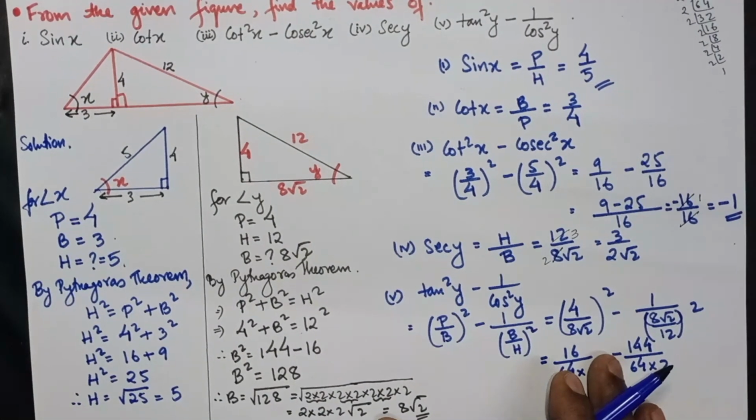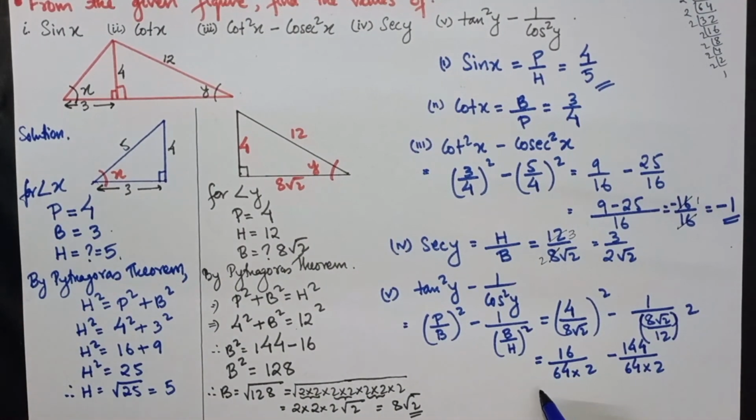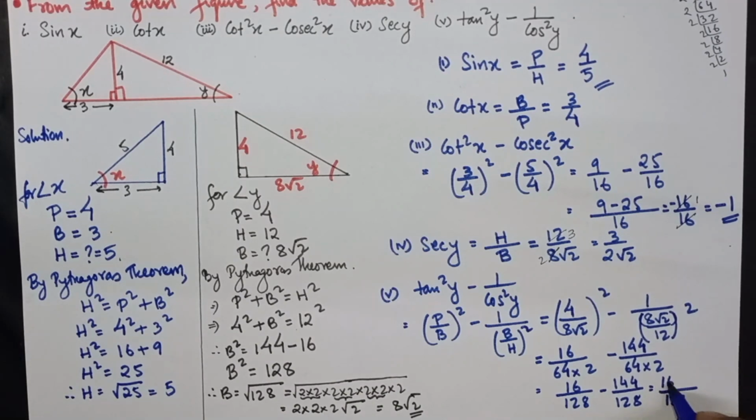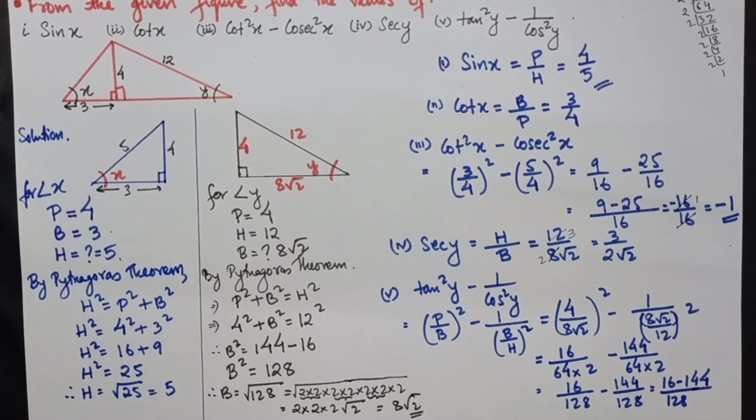Now what you can do is this will be your 16, 64 into 2 is your 128, minus this will be your 144 and this will be your 128. Okay, now we will do the LCM. LCM will be 128 and this will be 16 minus 144. It has become too congested. Okay, so now from here I am writing this side.